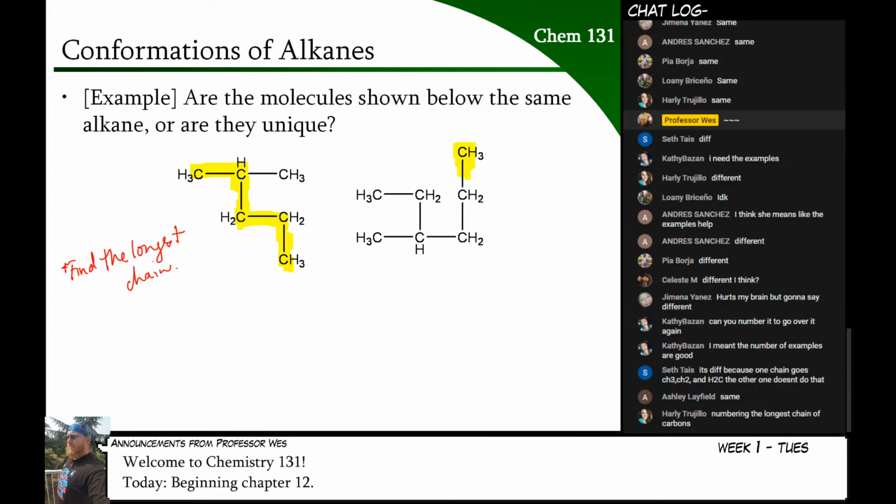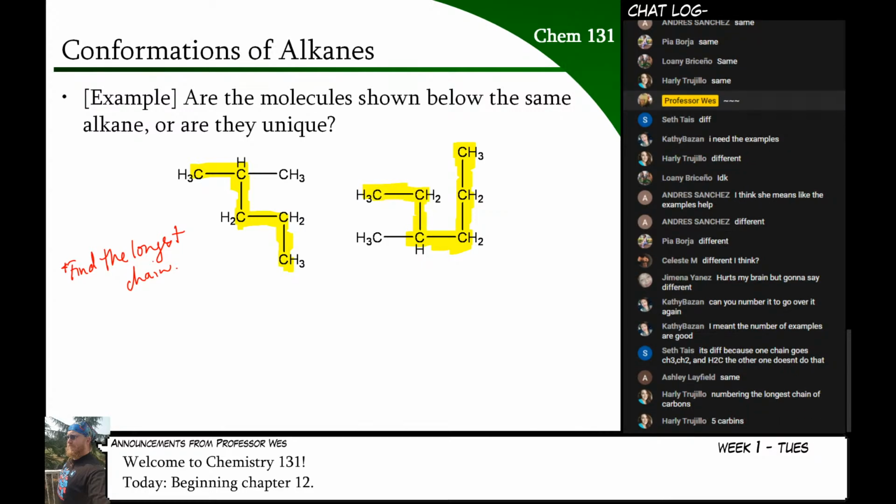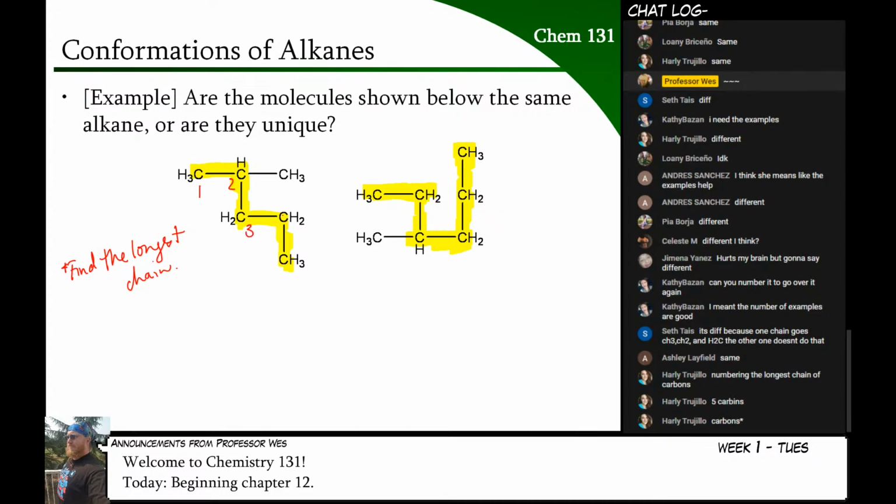Well, it's got to involve this part. 1, 2, 3, 4. And then if I go up, I can get more. 5, 6. So can something with 5 carbons in a row be the same as something with 6 carbons in a row? And so now you should immediately be like, oh, okay, it's different. And that's correct.